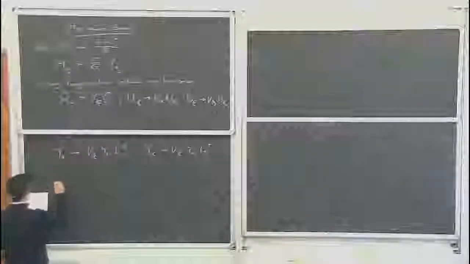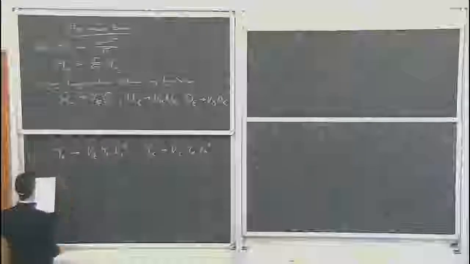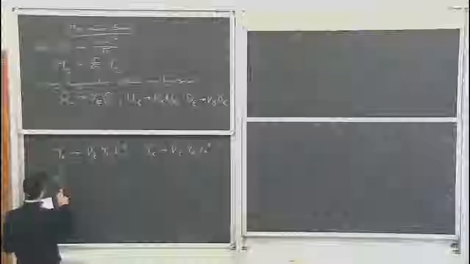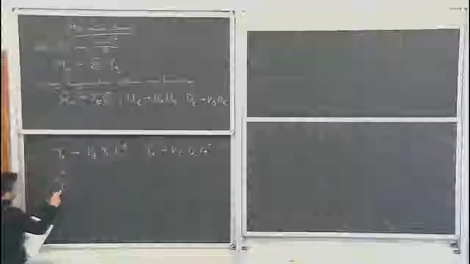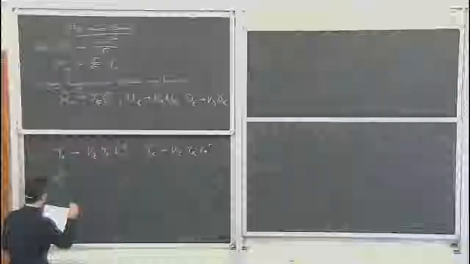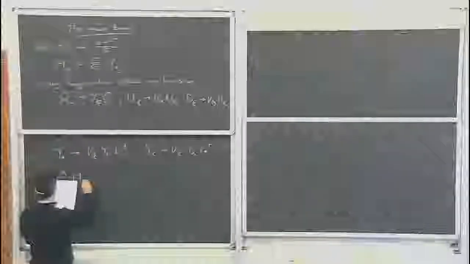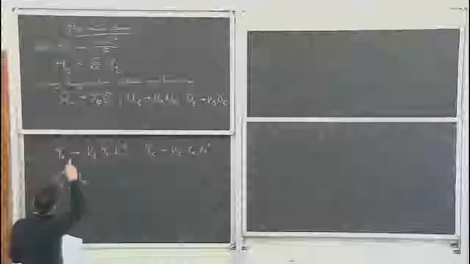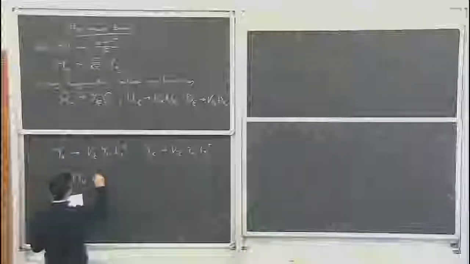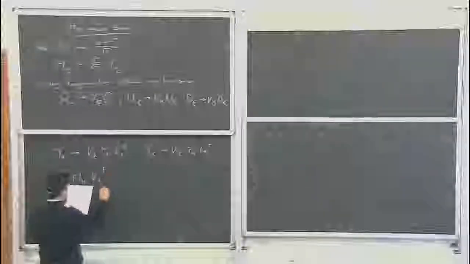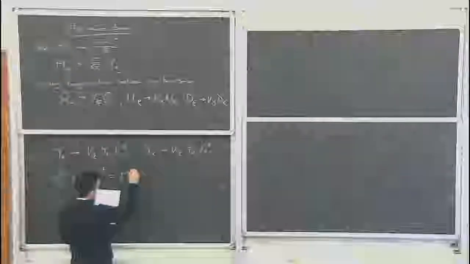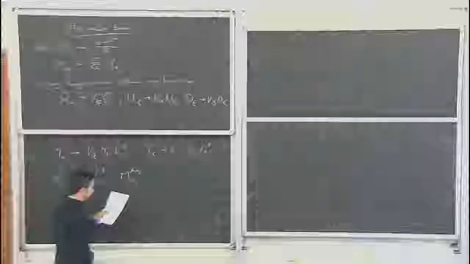So in particular, we can require that VQ^U times M_U, which is just the Yukawa matrix YU times v over square root of 2, times VU dagger, is diagonal.